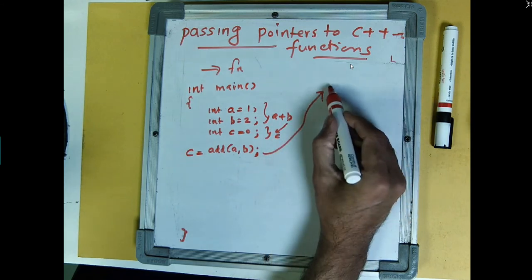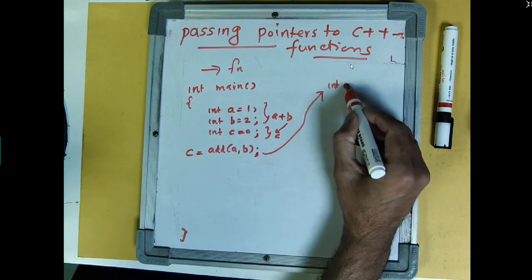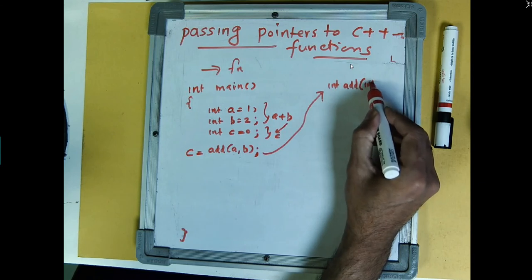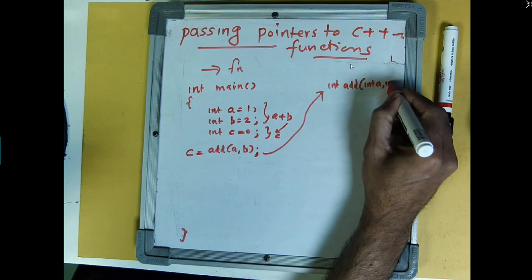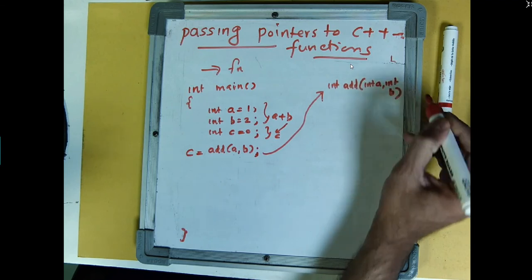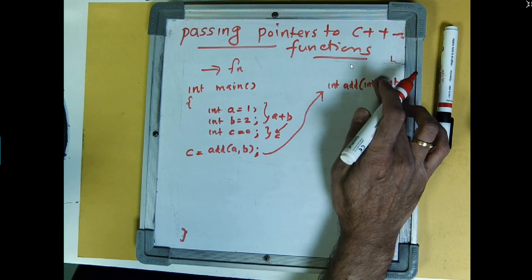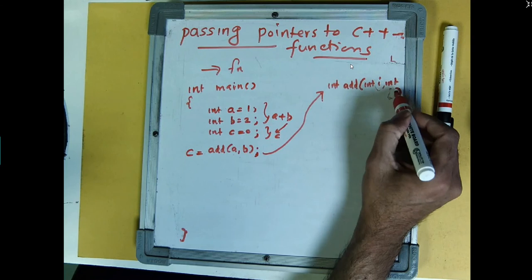It's like I say int, that's a return value, then I say add, then I say int a, int b. So I need not give a and b, I can give i and j or something.